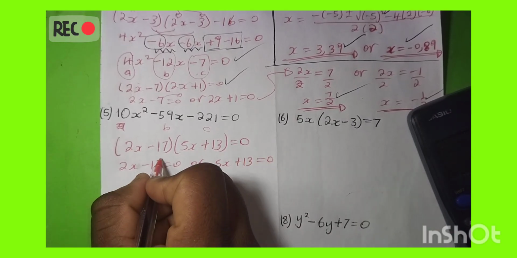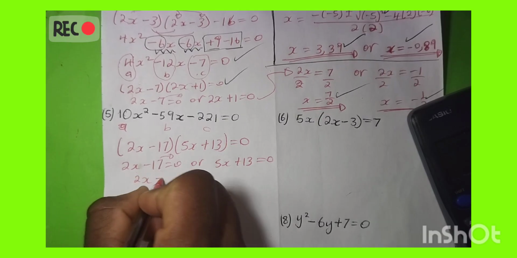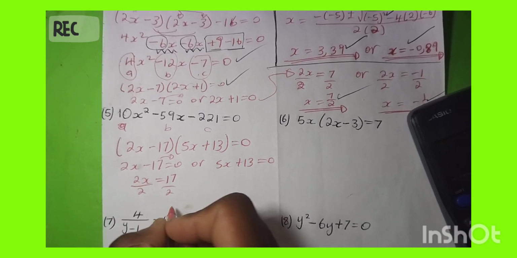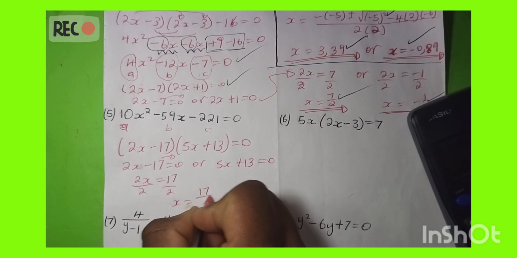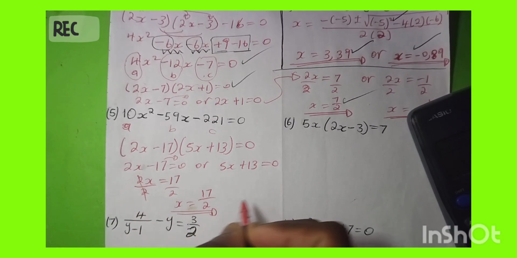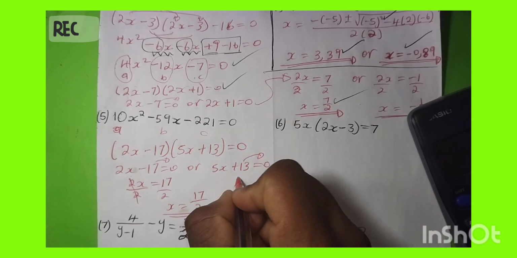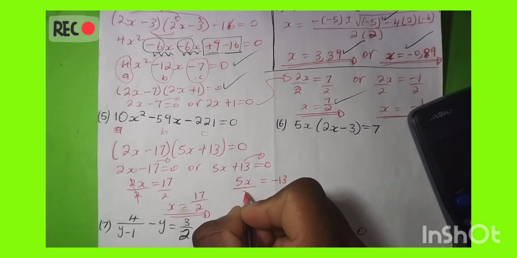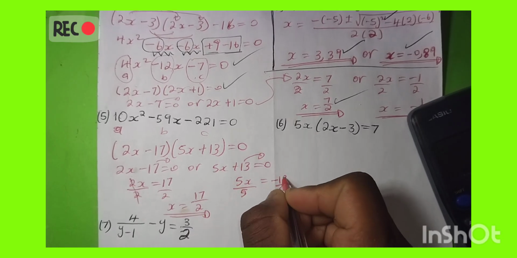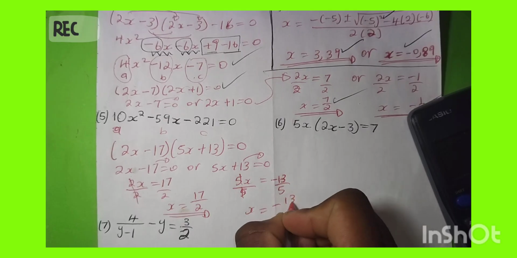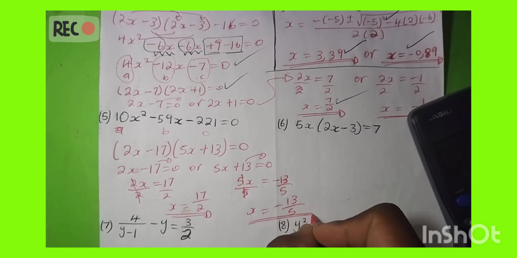Then I solve for x, take this to the other side, it becomes positive. Divide by what is in front of x. My first answer is 17 over this, because these two things will cancel. Then as well as this one, take that to the other side. That will be minus 13 divided by 5, so that this will cancel. X will be minus 13 over 5.